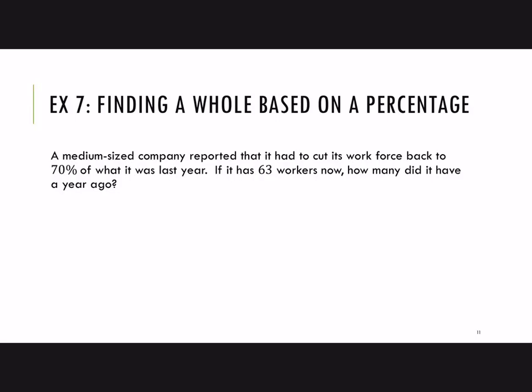We know the percentage, 70%, and let's make that a decimal. So 0.7. So we need 0.7 of something is something else. Well, it's 70% of what it was last year. Do we know how many people they had last year? Well, no, we don't.